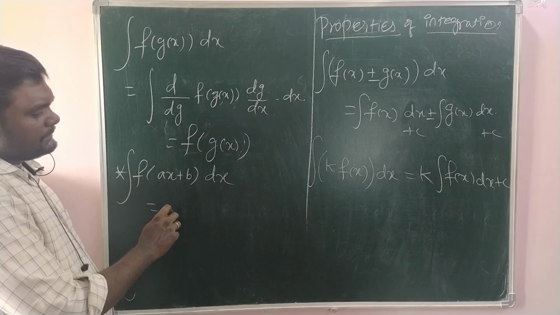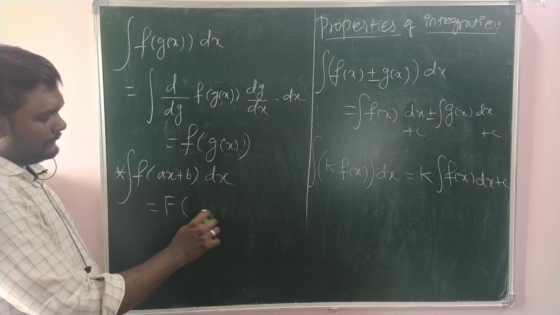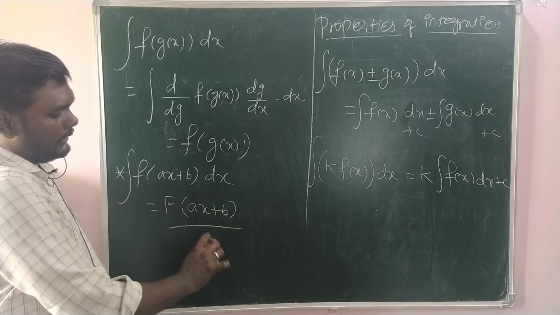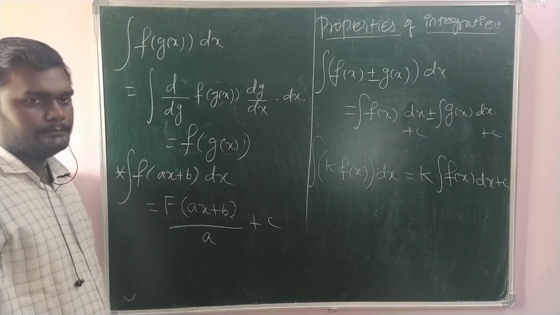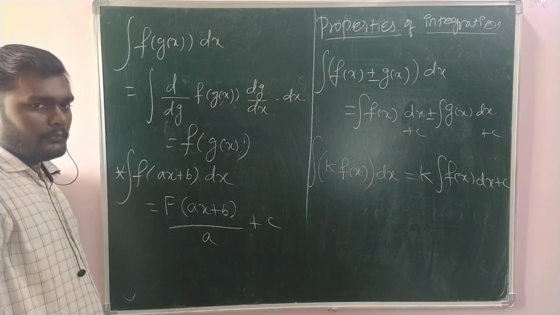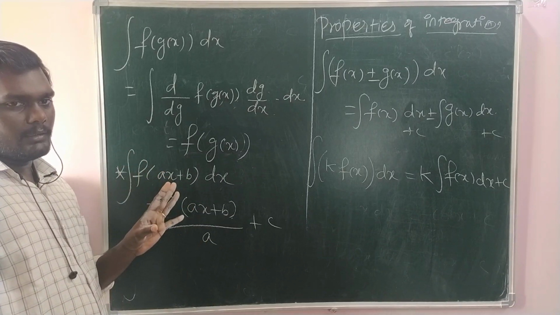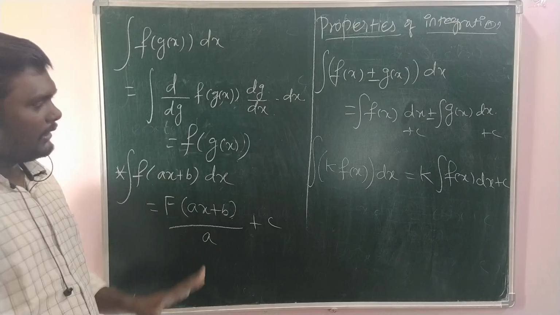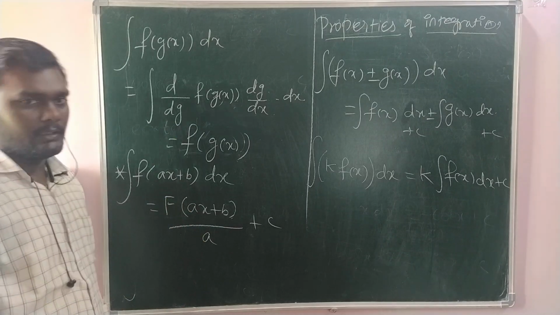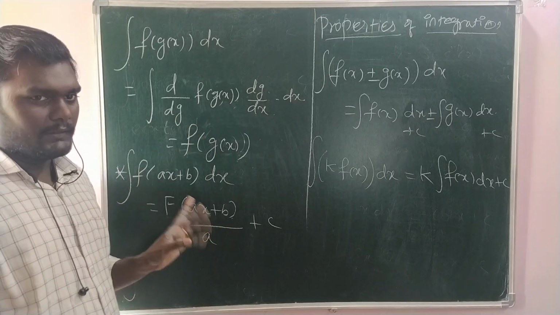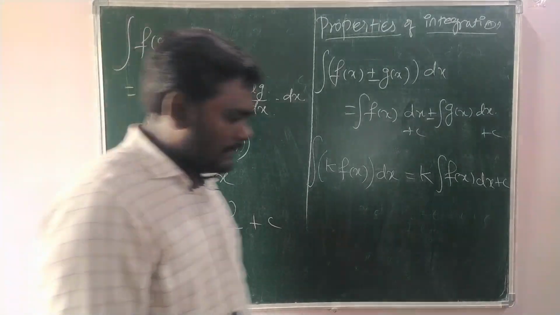Then we'll be getting capital F of ax plus b divided by a, plus c. Okay, we'll be seeing some examples for this. This may confuse you at this time, but when you come back here and look at all this, it may make sense. Got it? We'll see some examples.